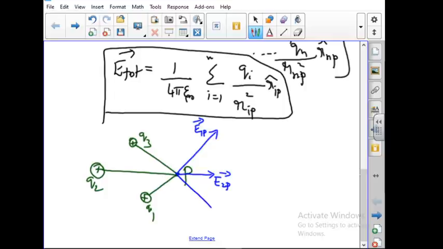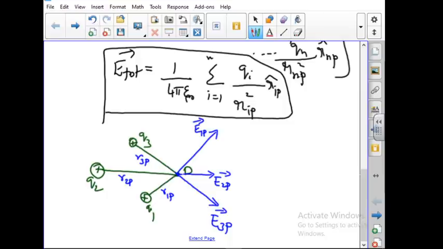So it is drawn like this. So it is E3P vector. R1P is the distance of the first charge, R2P is the distance of the second charge, and R3P is the distance of the third charge from the point P.